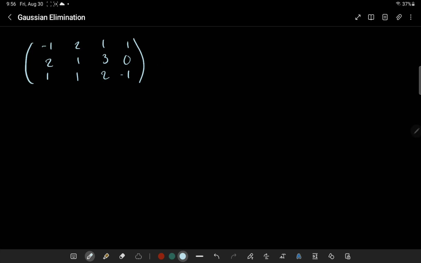The reason why I did that is because I wanted to not have a 1 in my top position. So start with the leftmost non-zero column. That's going to be that right there. But I don't have a 1. So you have two options here, really. You could multiply times -1, or you can swap row 1 and row 3.